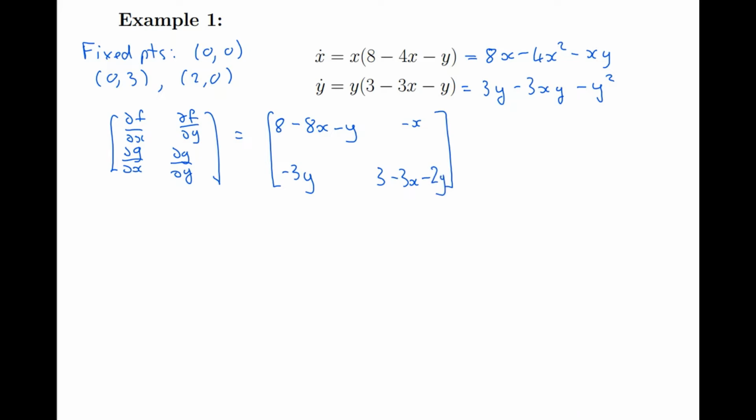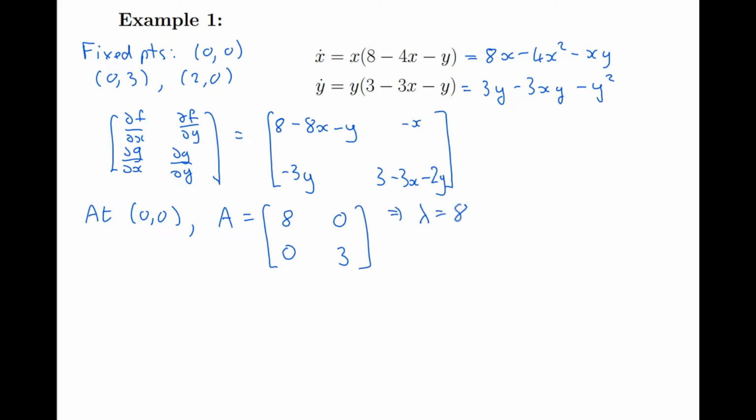Now I have to substitute in the values of the fixed points. At 0, 0, the Jacobian derivative is 8, 0, 0, 3. Now that is a diagonal matrix, so it's very easy to find its eigenvalues and eigenvectors.